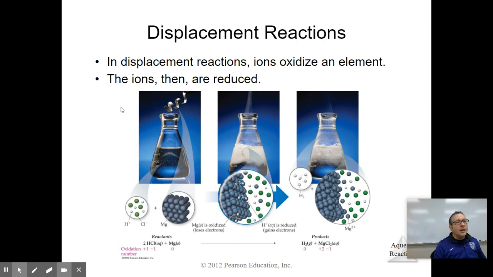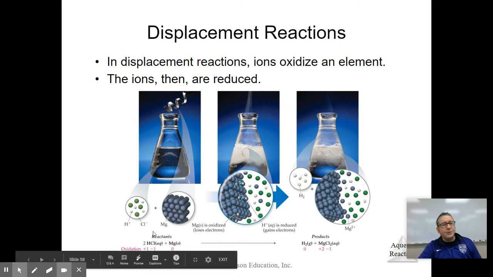So in displacement reactions, ions oxidize an element. In this reaction, hydrochloric acid plus magnesium react and form hydrogen gas and magnesium chloride.